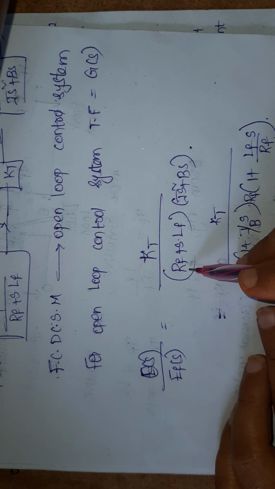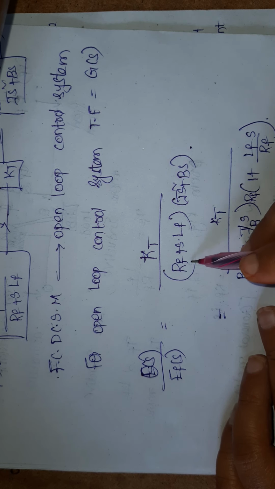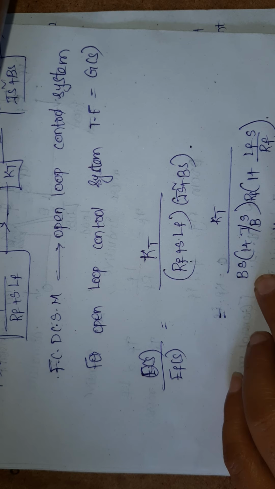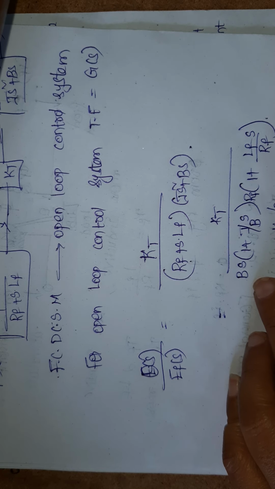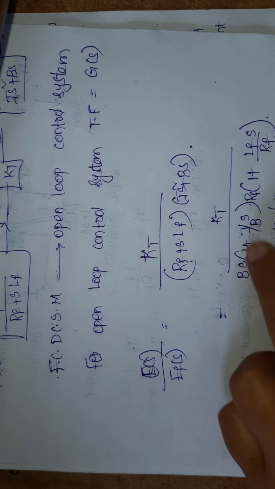Now I am writing KT by B into RF, s into 1 plus J by B s.